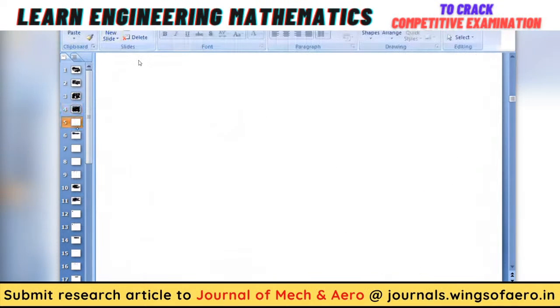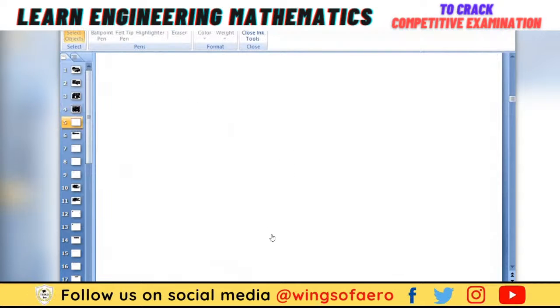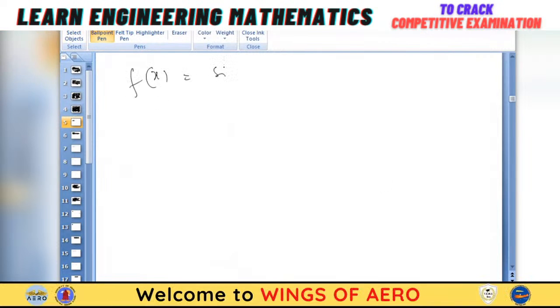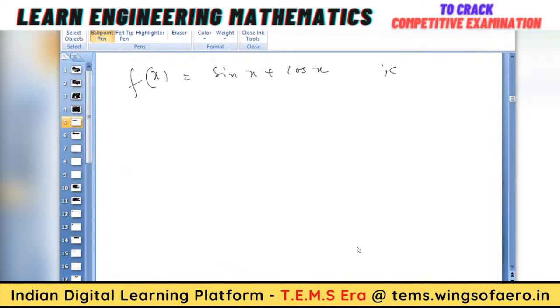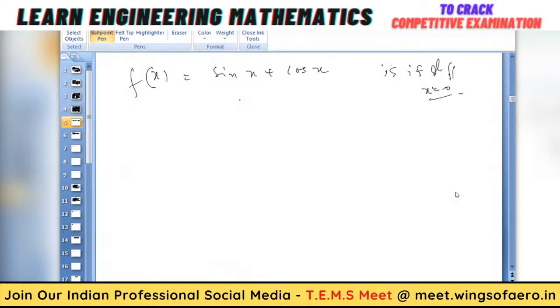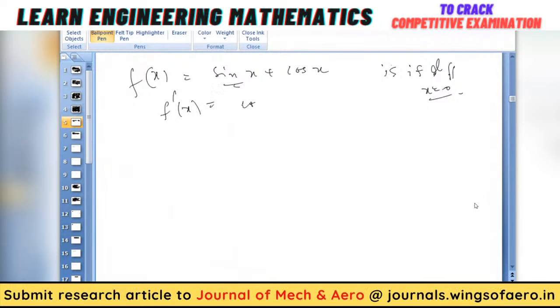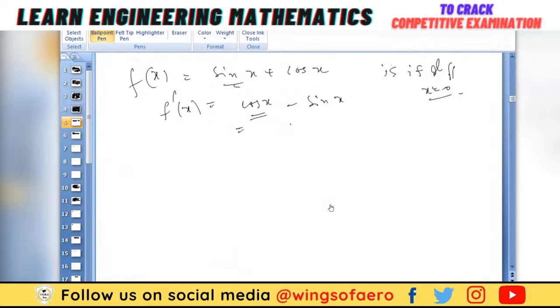Suppose I give you an example like this: f of x is equal to sin x plus cos x. Is it differentiable at x equal to 0? Yes, obviously it is differentiable, because f dash x is equal to cos x minus sin x. You know the cos x value at 0 is 1 and the sin x value is 0, so it is equal to 1.